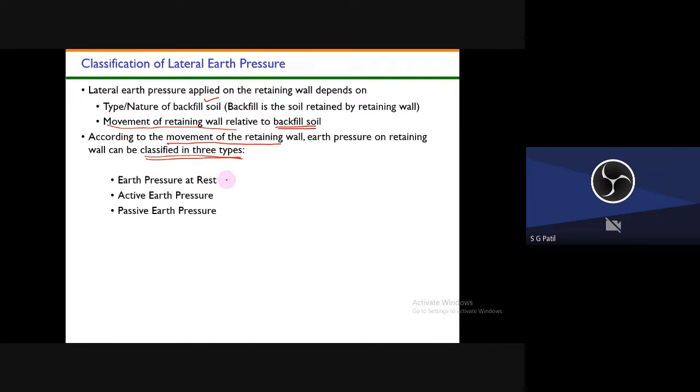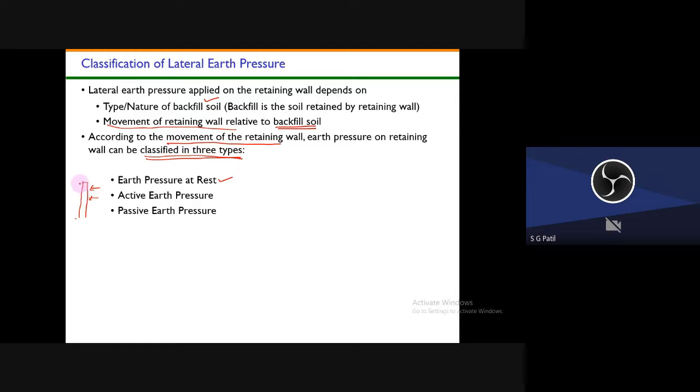One is earth pressure at rest. At rest means your retaining structure is not moving at all. This retaining structure is so rigid. You are designing it so rigidly that whatever soil pressure the backfill applies, that pressure is not able to move this wall.